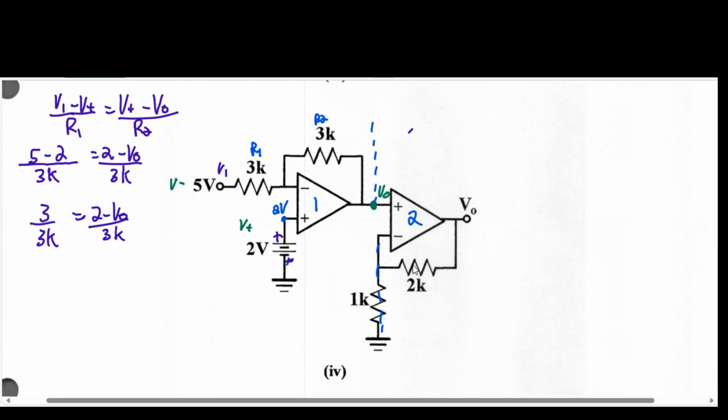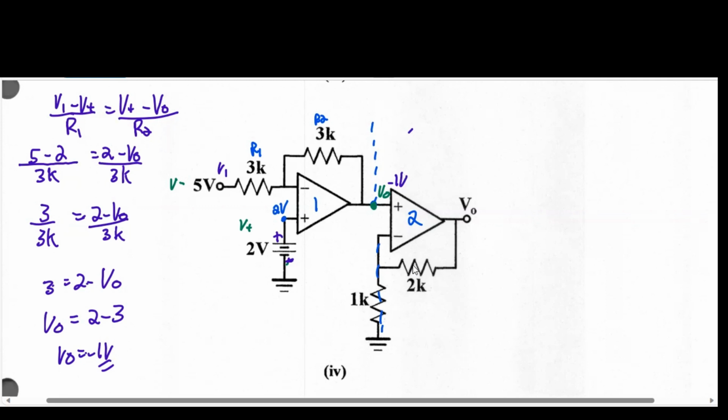To simplify, we fling the 3K across, and the 3K cancels. You end up with 3 is equal to 2 minus VO. Therefore, move VO to the other side and the 3 across, so you get 2 minus 3, and VO is minus 1 volt.